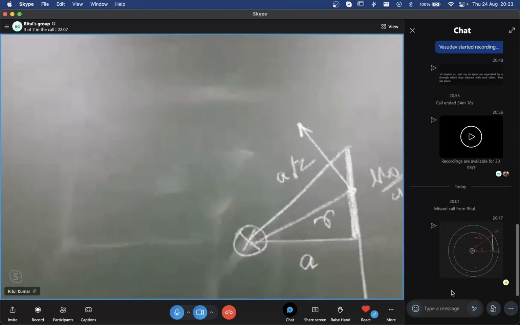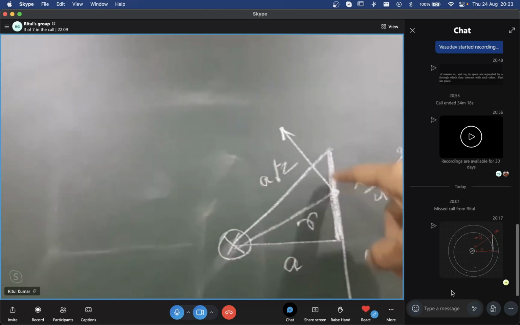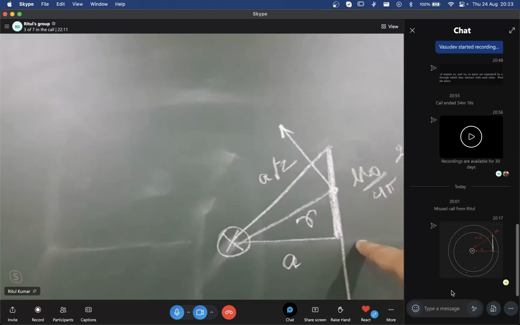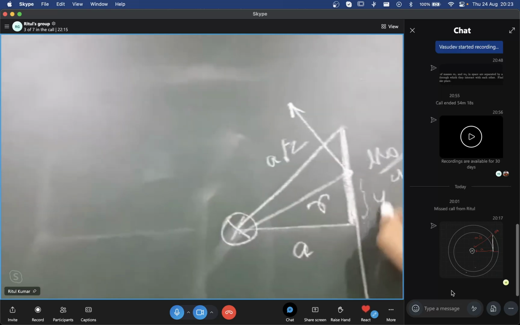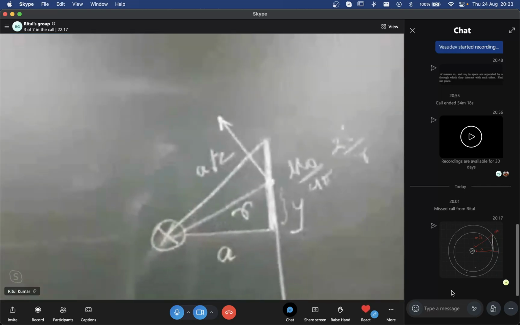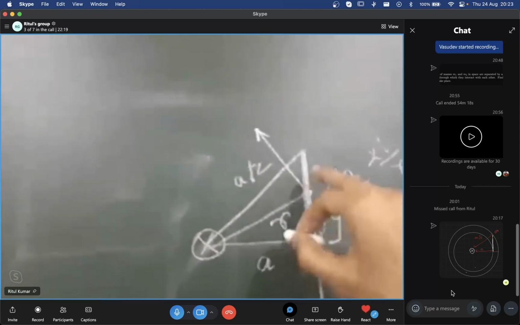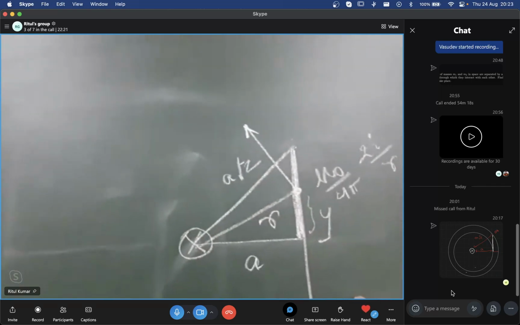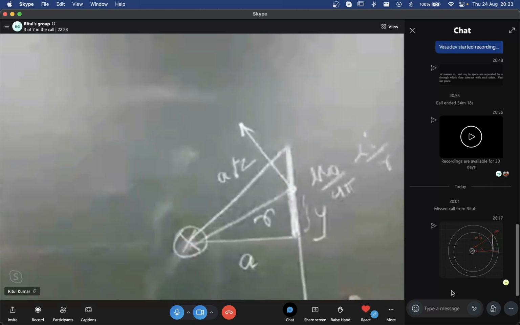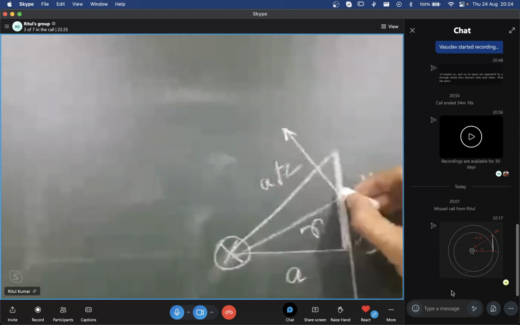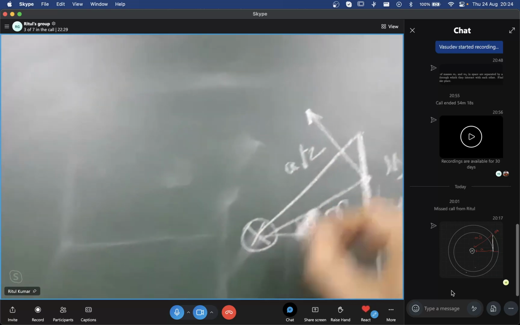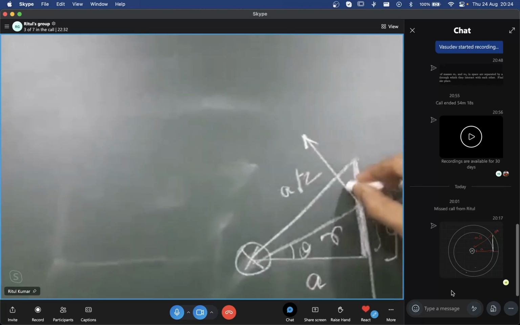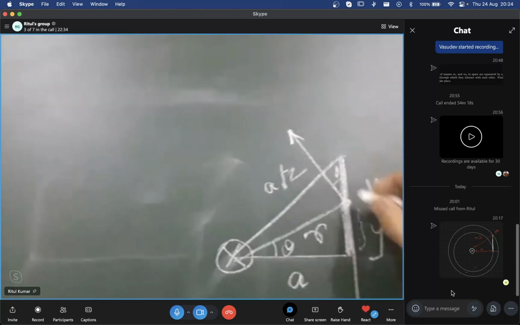Which segment area will I have to take? I'll have to take this segment area, correct? We assume this to be, let's say, y. Then the small length becomes dy, correct? What is this small length making with this B? If this is theta, this will also be theta, right?